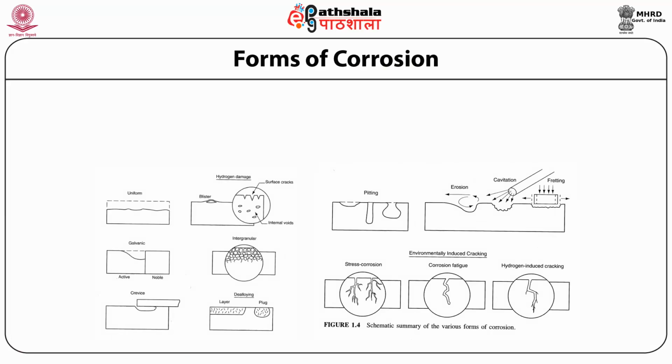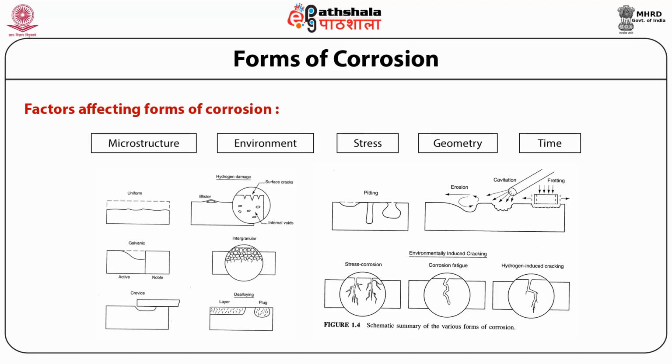So this shows the different forms of corrosion. The factors affecting the forms of corrosion are the microstructure, environment, stress, geometry, and time. As you can see from the first figure, we have hydrogen damage. We have a uniform surface, and on the right-hand side of the figure, there is a formation of internal voids and surface cracks.